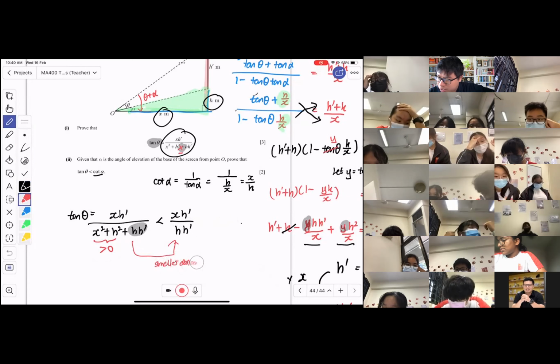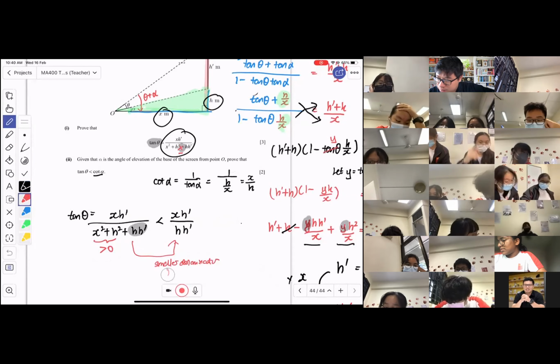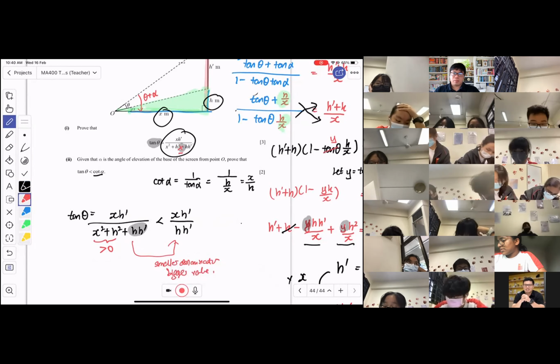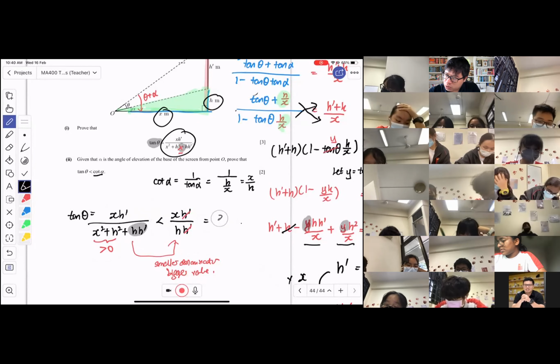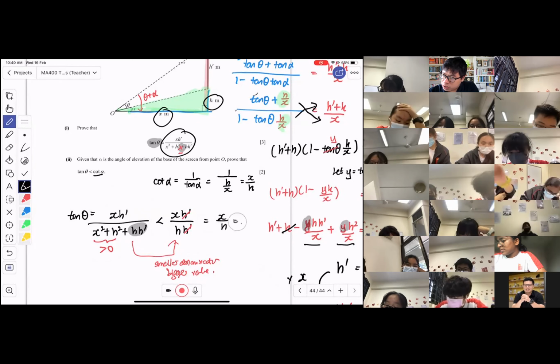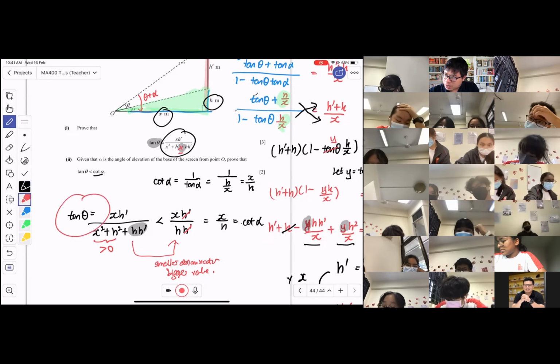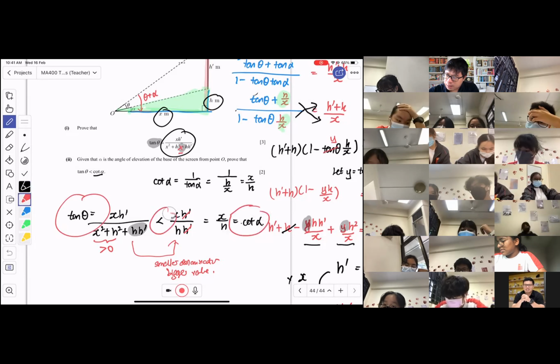If it has a smaller denominator, it is bigger in value. And if I cancel, you can see that this equals x over h, which is cotangent alpha. So this is less than this.